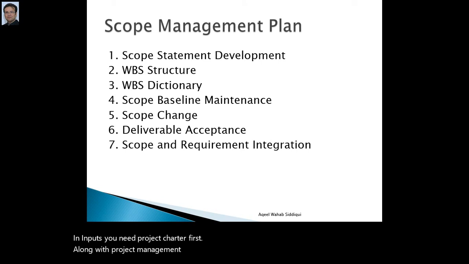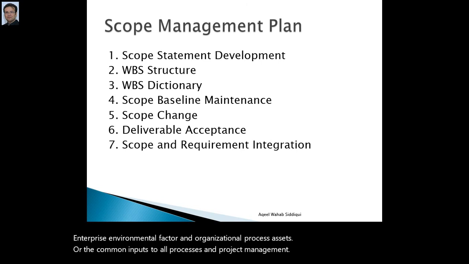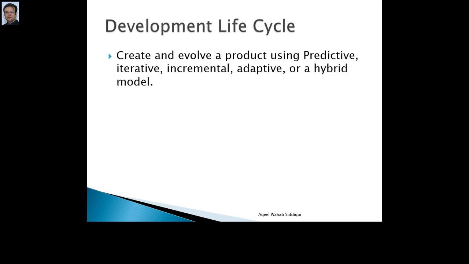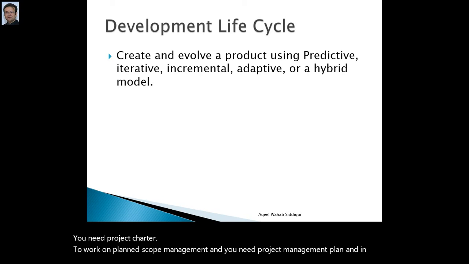Enterprise environmental factors and organizational process assets are the common inputs to all processes in project management. So what do you need in the project management plan at this stage? You need the project charter and the project management plan, and in the project management plan, you need the development approach.